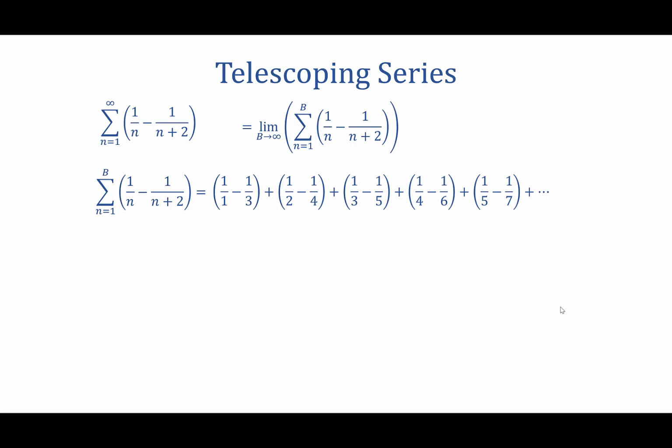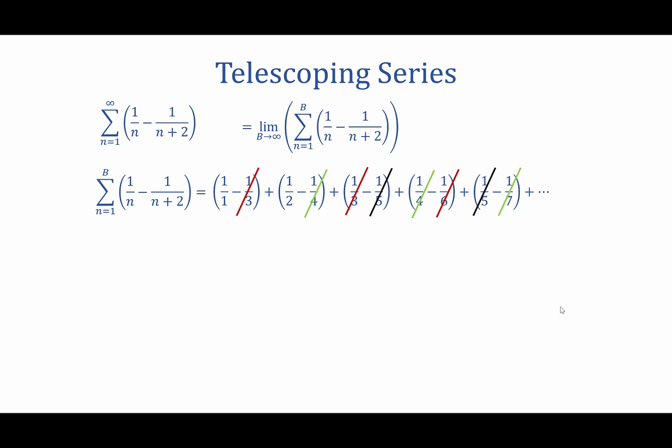You might notice that a lot of these will cancel out. Negative 1/3 will cancel out with the positive 1/3. Negative 1/4, positive 1/4. Negative 1/5, positive 1/5. And we can conclude that the negative 1 over 6 will cancel out with a term we haven't written down yet, as well as the negative 1 over 7.